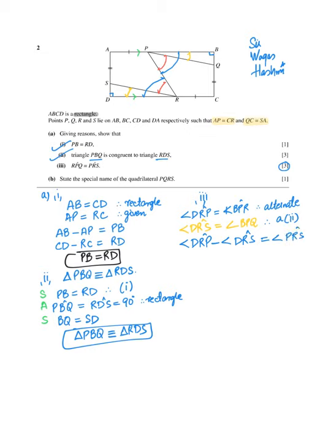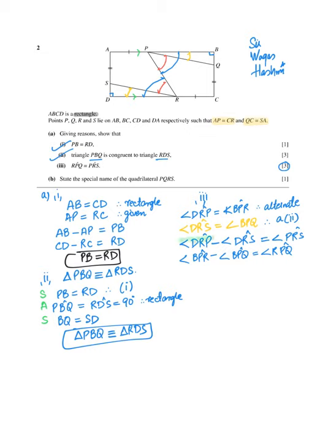All right, and now I will say that this blue angle on the right side, it's angle BPR minus angle BPQ. Now the red angle, that is RPQ, right? And we had already shown that these two angles are the same, right?